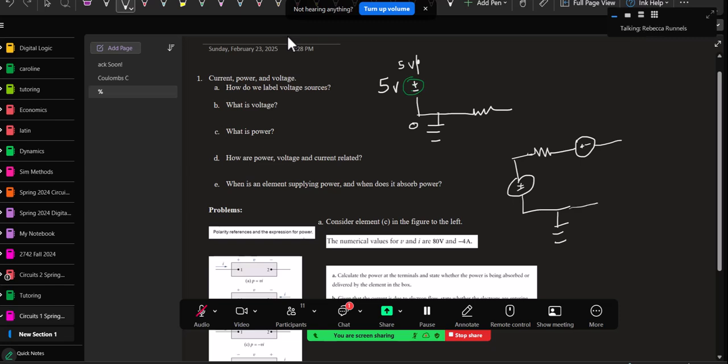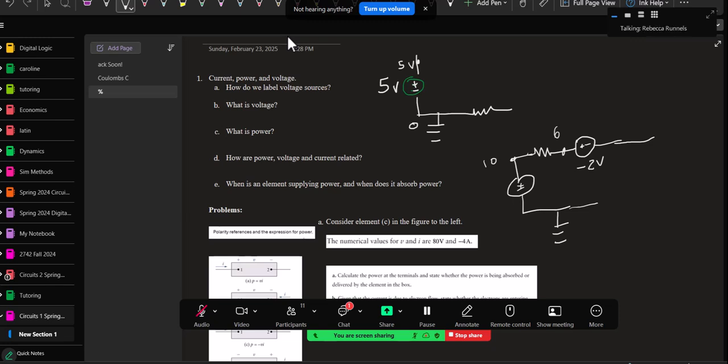Or let's say I have calculated that here it's some voltage, maybe it's 10, and here it's 6, and I have this labeled as negative 2 volts. That's the labeling.